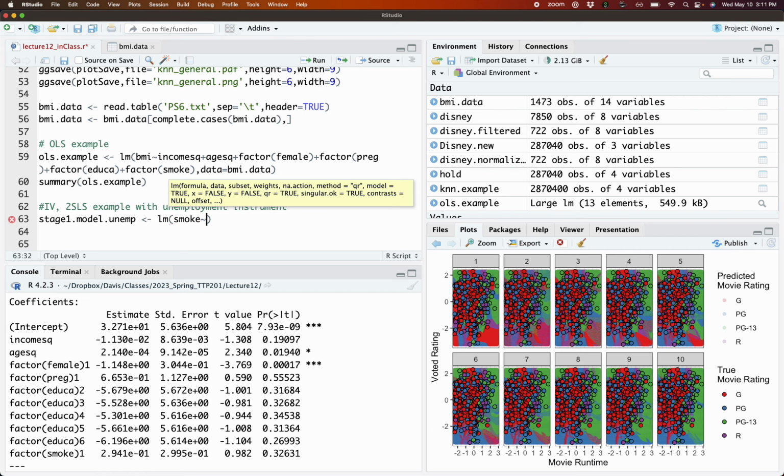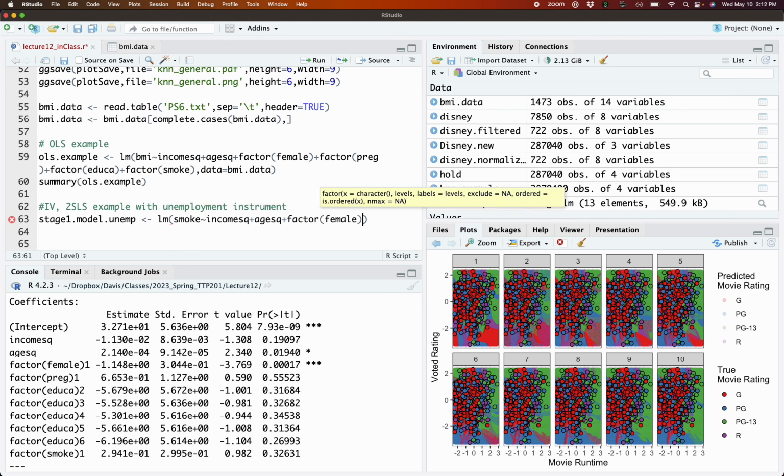So now our y variable is smoke plus all these other things that we want to control for.